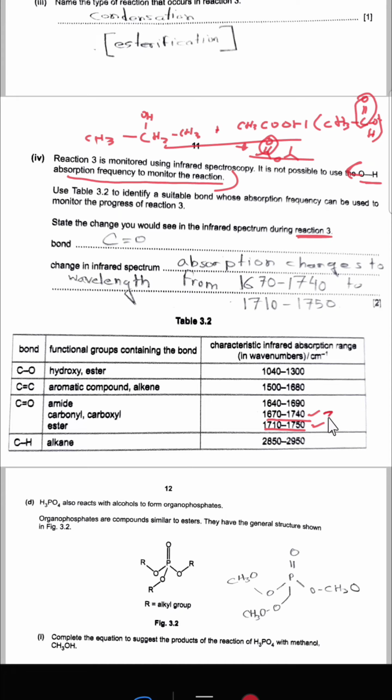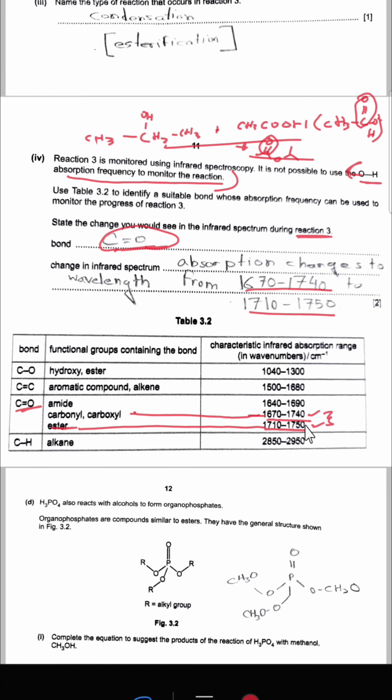Thus we can use this difference to determine that the reaction is complete, because the absorption changes from 1670 to 1740 for carboxylic acid to 1710 to 1750 for ester.